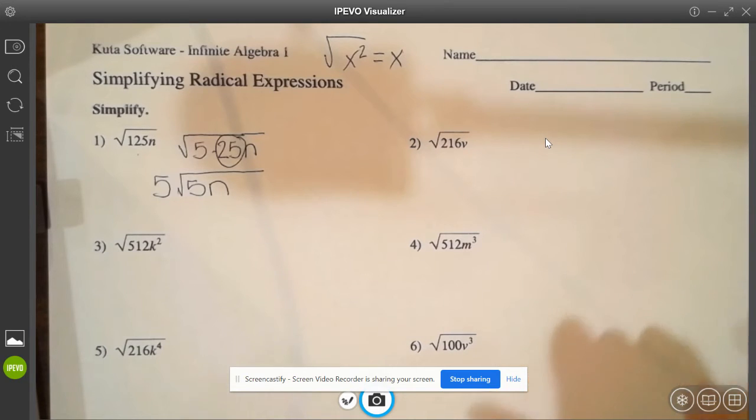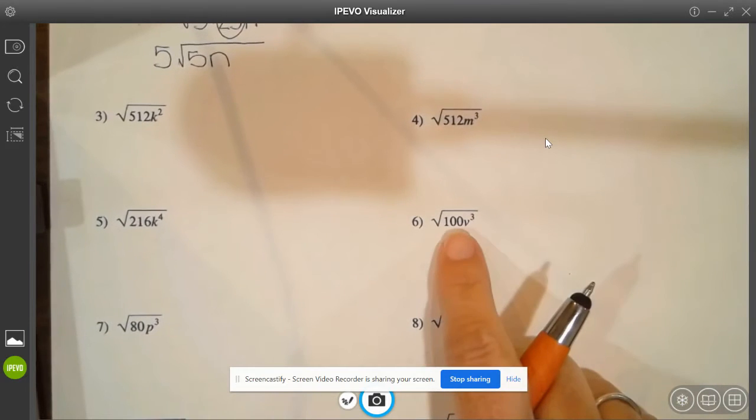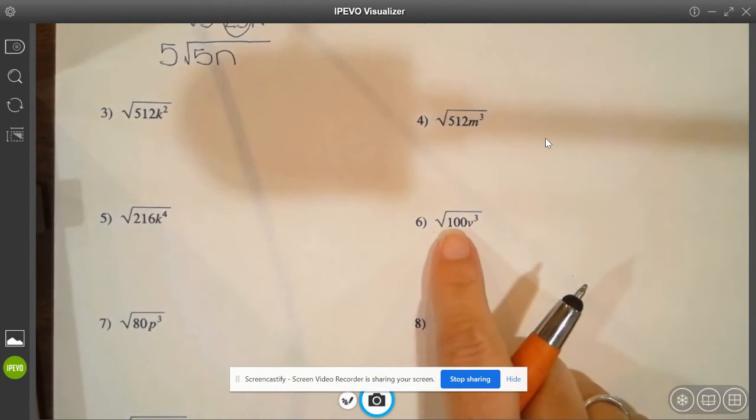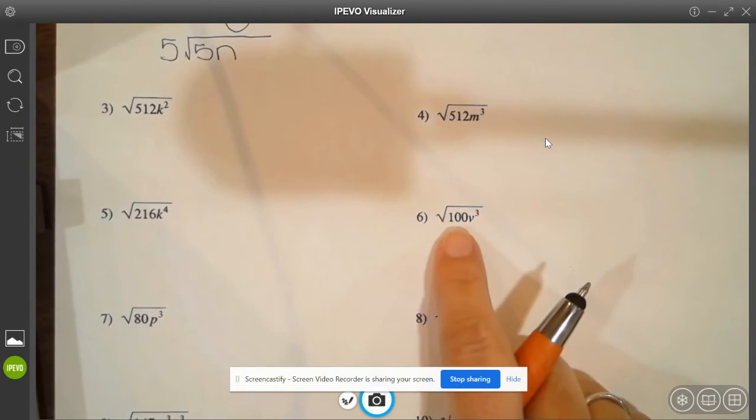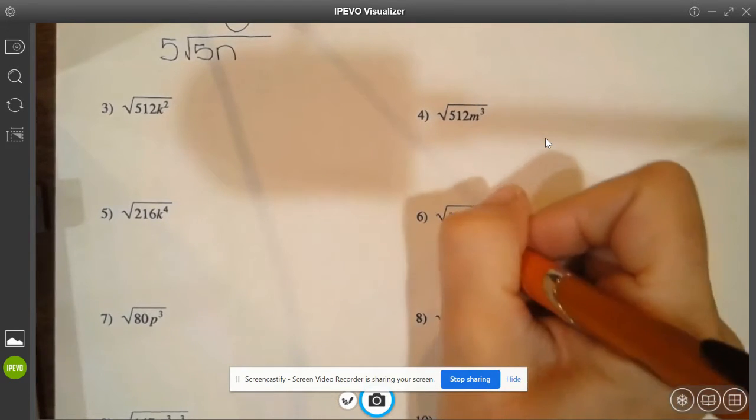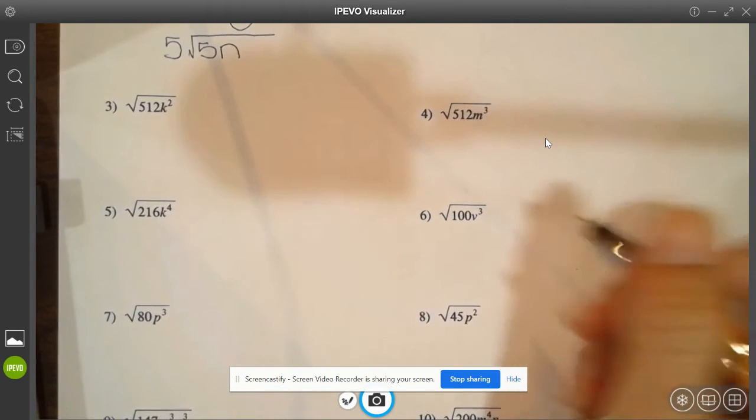We said that 512 divides by, or which one do we do? Well, the ones that have perfect squares, you can just take out the number. So that's 10 times 10, right? That's 10.